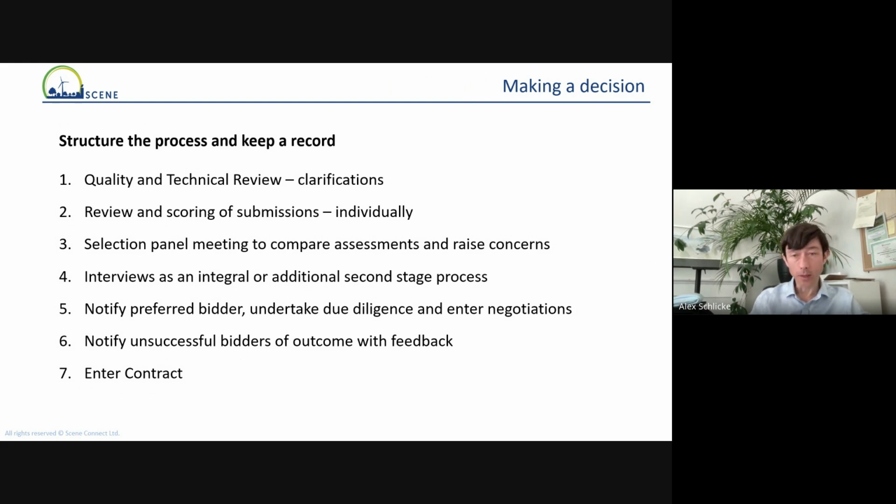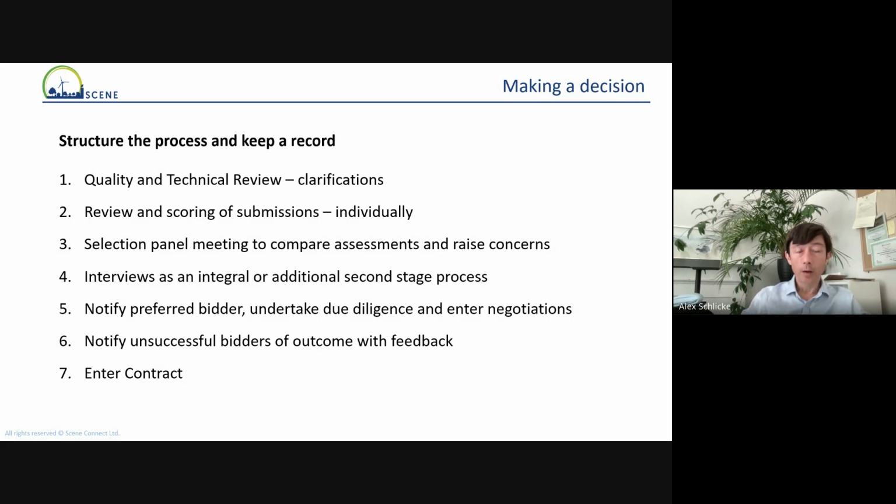At that point, you can make clarifications, making sure you properly understand what's been done. If there are any mistakes that you pick up, give the opportunity for the supplier to clarify what they actually meant by those.